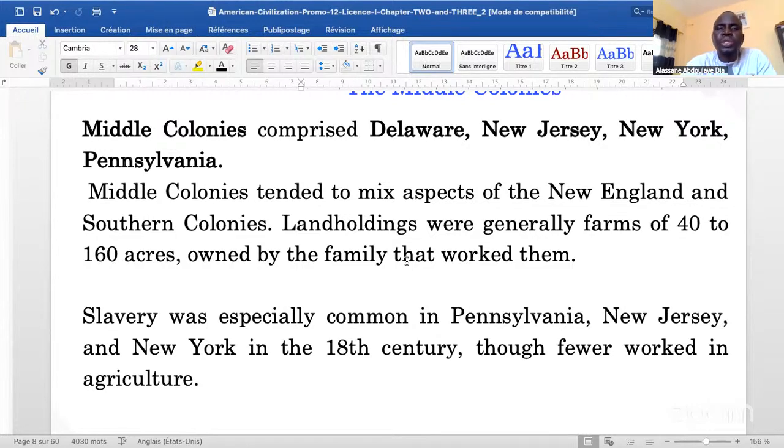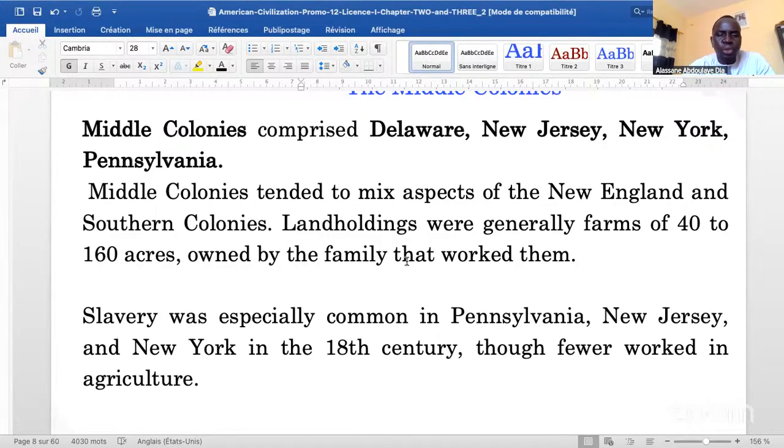So you see that in the middle colonies, agriculture was present, because people were owning land, big surfaces. These families that had this land used to work it to exploit the land, to develop agriculture.